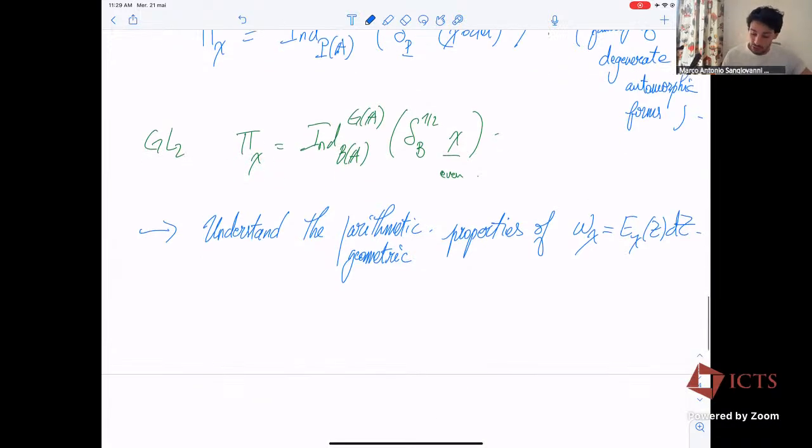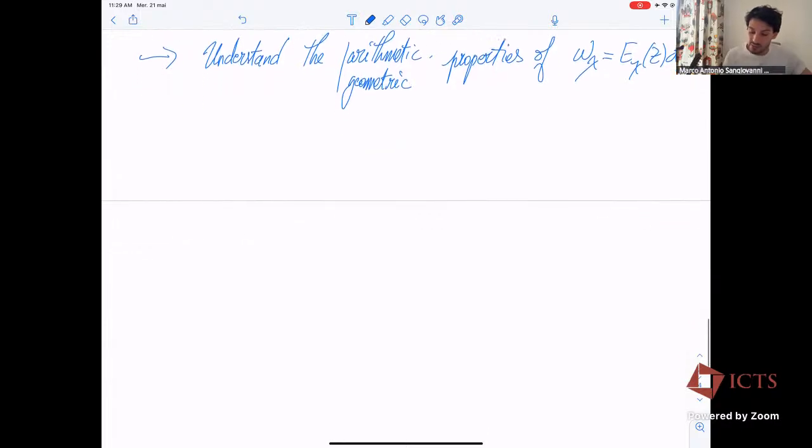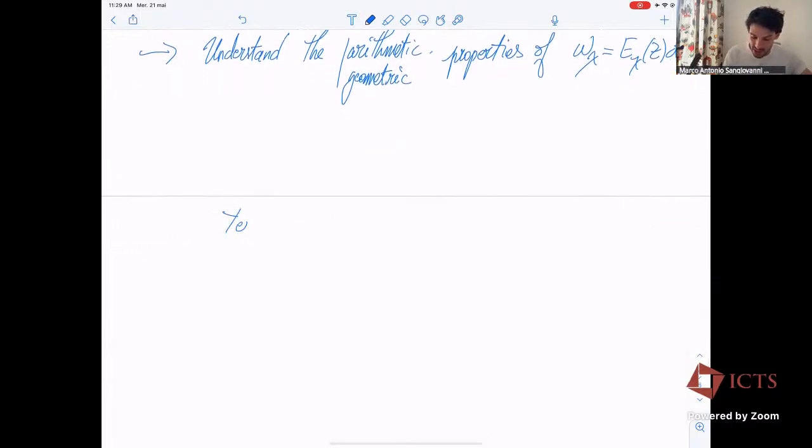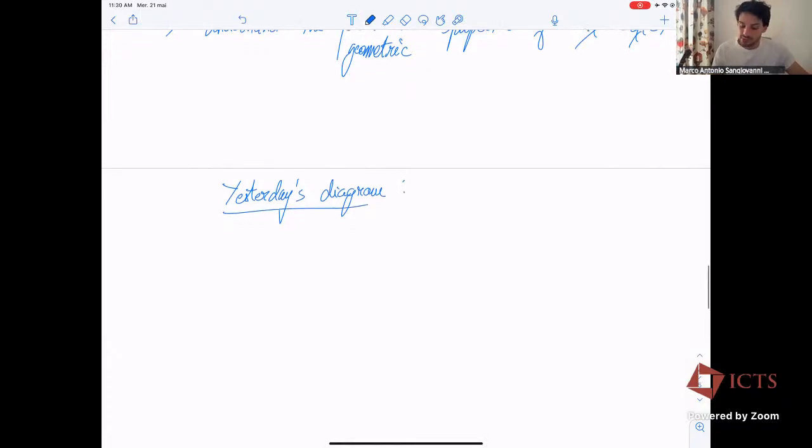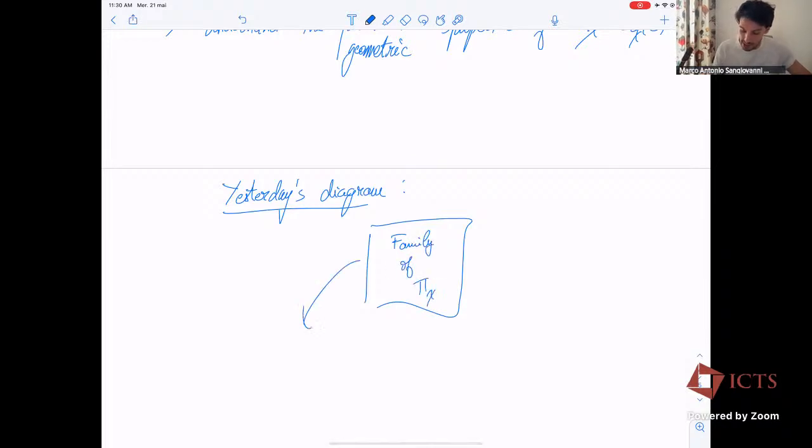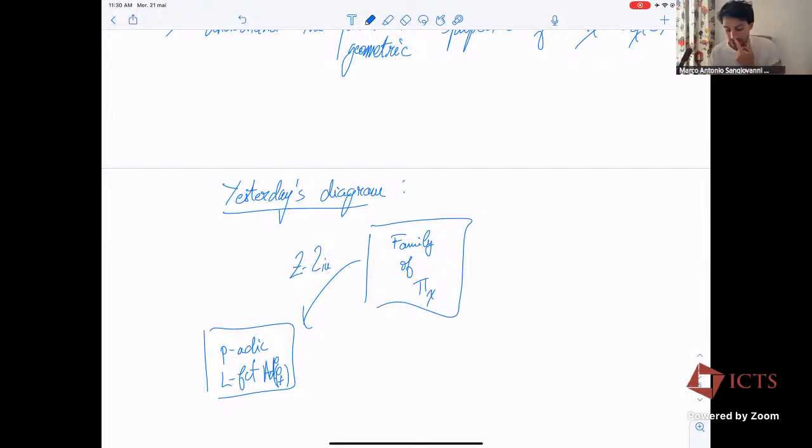From the point of view of yesterday's diagram, now I'm giving what all the terms are. I had my family of pi chi, then this arrow here had the p-adic L-function, and this was done by Zheng Liu, the construction of the p-adic L-function from the family of pi chi's.